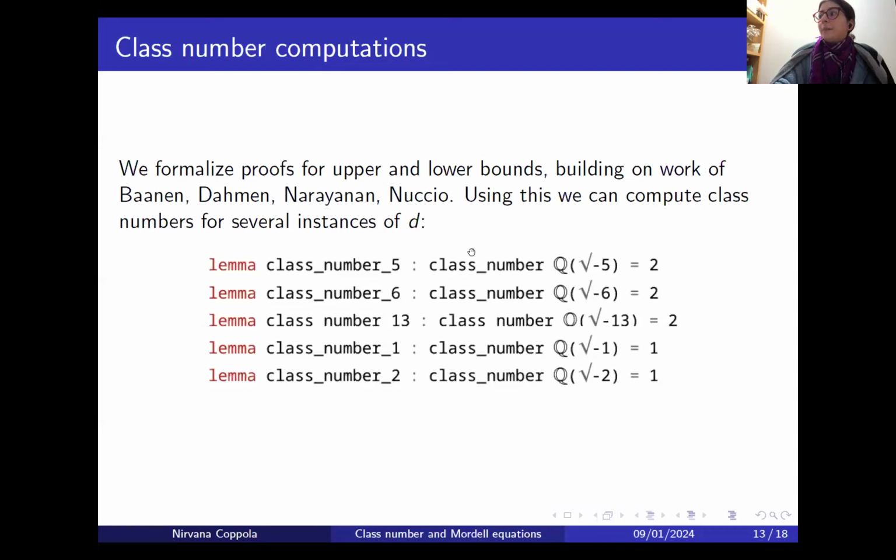And then we essentially tried to formalize some upper and lower bounds that allowed us to go on with the computation. And for example, these 5 are instances of lemmas that we have in our code, where the class number is not only not divisible by 3, but is actually very small, either 1 or 2. So we can go on and compute the solution of the Mordell equations for these examples of d.